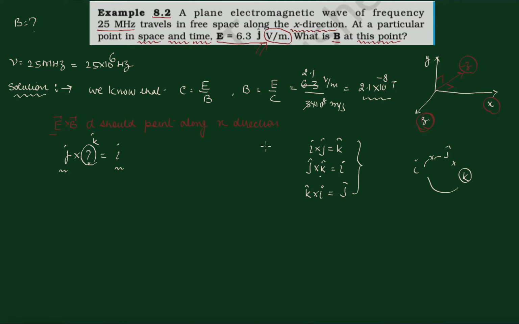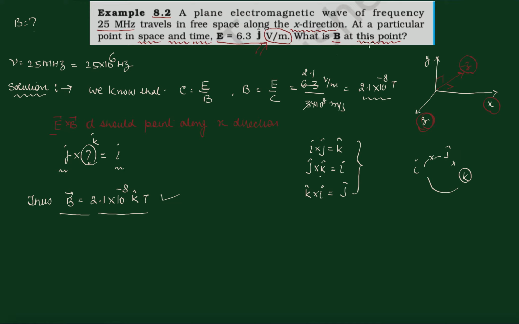Thus you can write, B vector is equal to 2.1 cross 10 to the power minus 8 k cap Tesla. This points in positive z direction. You need not write it like this. Okay. So this is all about this example 8.2.